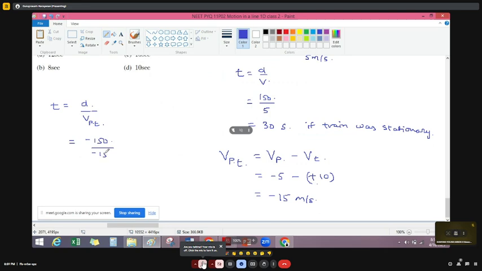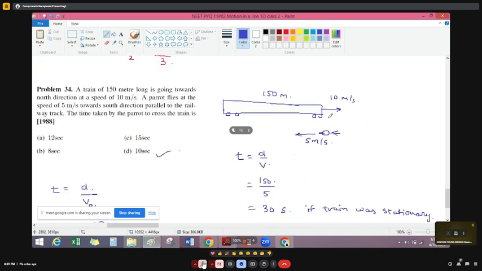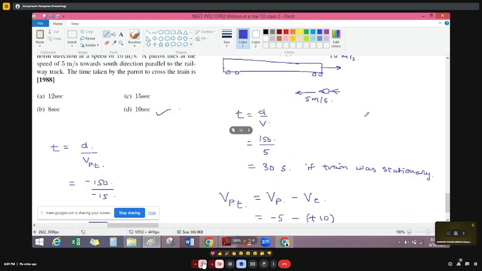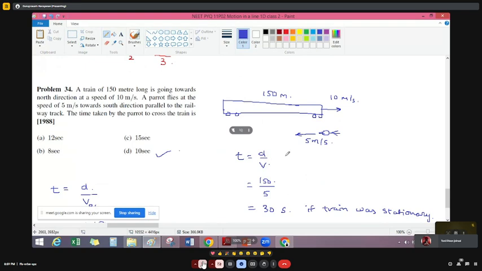This is minus 15, which means it will become 10. Everyone following this? Stationary train, it will take 30 seconds. But still, since it is moving in the opposite direction, it will take only 10 seconds, which makes sense.